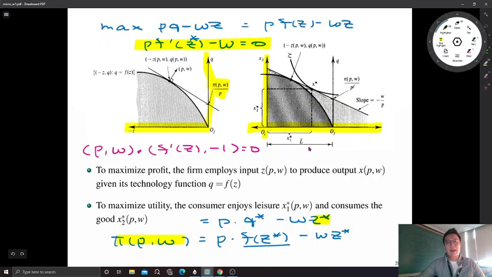Then we can describe a firm's production decision and the consumer's optimal decision for leisure and consumption in the same box. But that is an open box. There's no lid, but we can describe both in the same picture. So that is good.